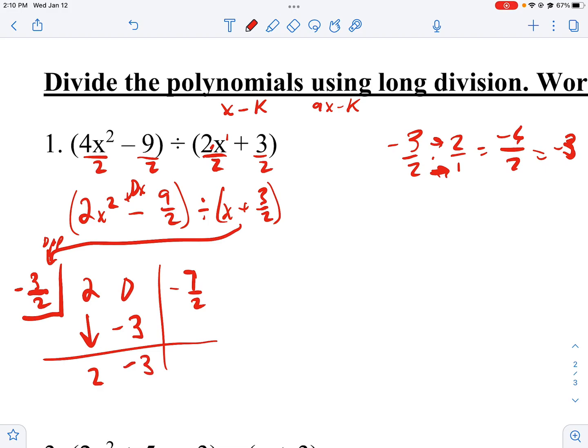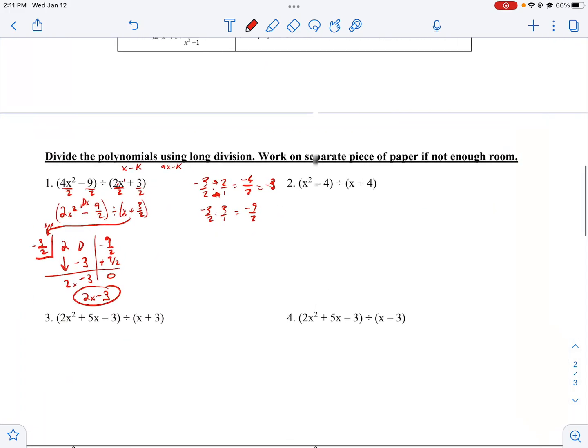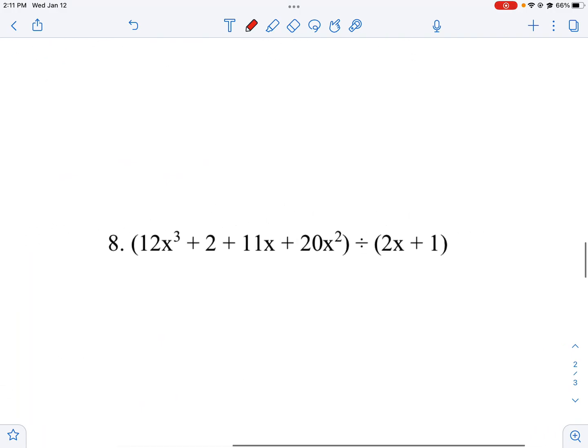We combine. Now, 3 doesn't divide by 2, so negative times negative makes positive, and then I just do the tops. Negative 3 over 2 times 3 is negative 9 over 2. But that works out nice because I already have a 9 over 2. And negative 9 over 2 and positive 9 over 2 goes to 0. And my answer is 2x minus 3. Synthetically divided.